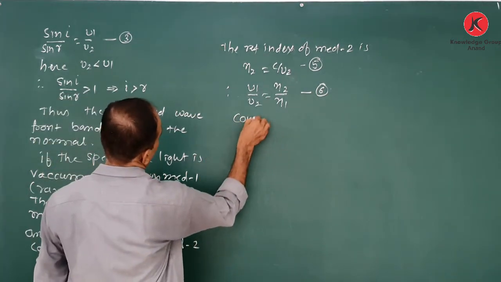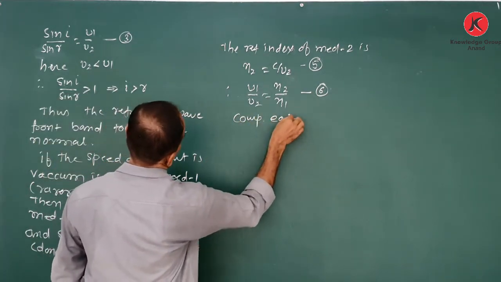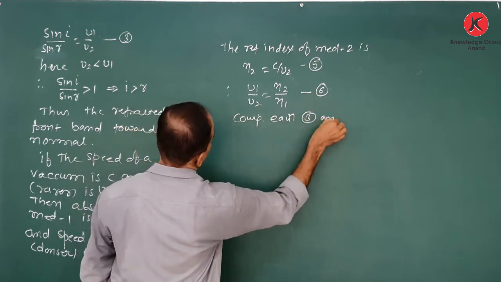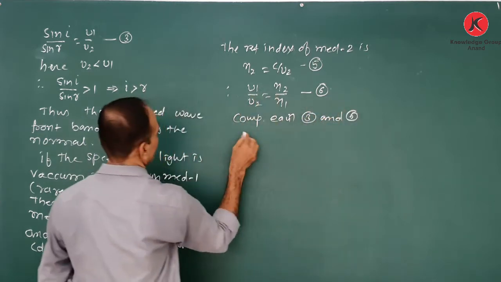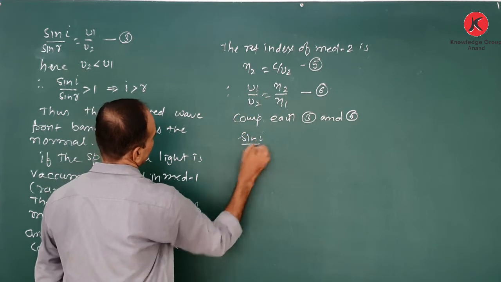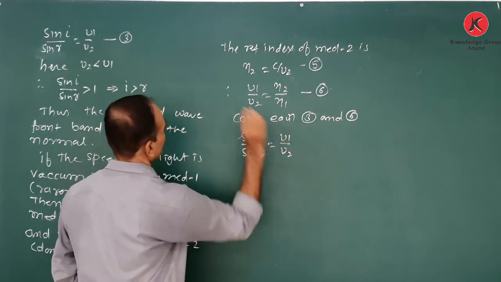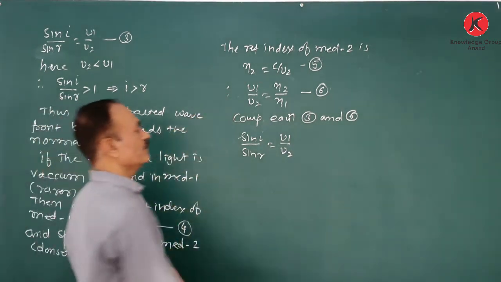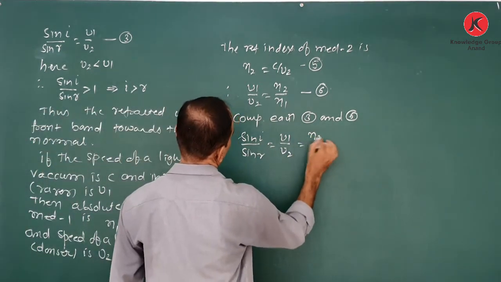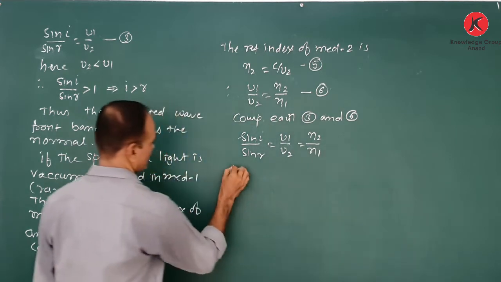Comparing equations 3 and 6, we obtain sin I upon sin R is equal to V1 upon V2. But V1 upon V2 is equal to N2 upon N1.